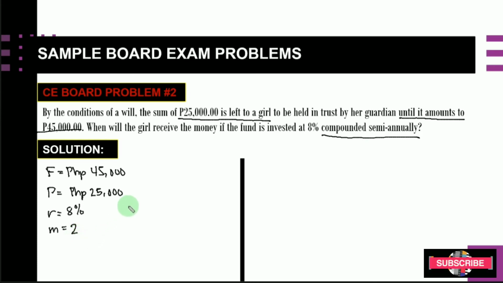Okay, so based on this one, walay gihatag nga another parameters, but ang atong pangitaon is when, from this word when. So meaning it refers now to the duration, which is referring also now to the value of your N. Okay, mao na siya.